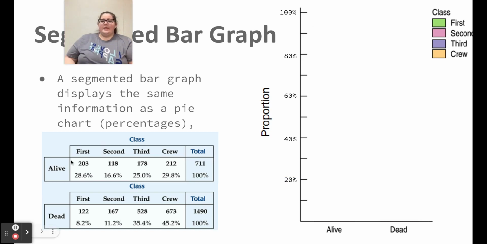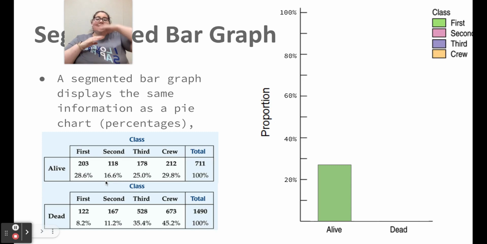So the way I would do this is by looking at my first class. For people who lived, first class was 28.6%. So I'm just going to estimate the height of that bar to be about 28.6, so a little under 30% represents the first class. The next one is second class, which is 16.6%. Now, because I'm stacking them, I have to do a little adding as I go.